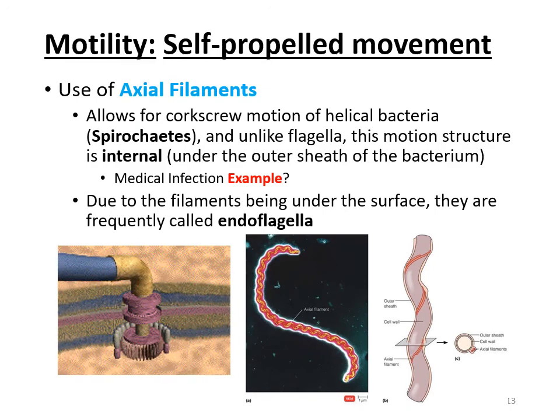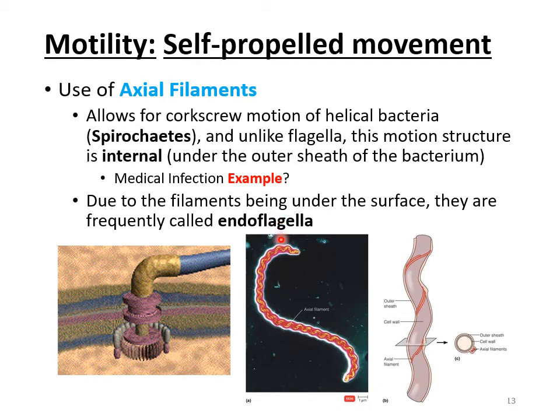Another possibility for motility is that some bacteria will have axial filaments, including the example of the bacteria that causes syphilis. Okay, so when you see medical infection example, syphilis, which is a spirochete bacteria causes that, they move around with axial filaments. Sometimes you hear them called endoflagella because they look like a flagella that's been wrapped around within the outer structure of that bacteria.